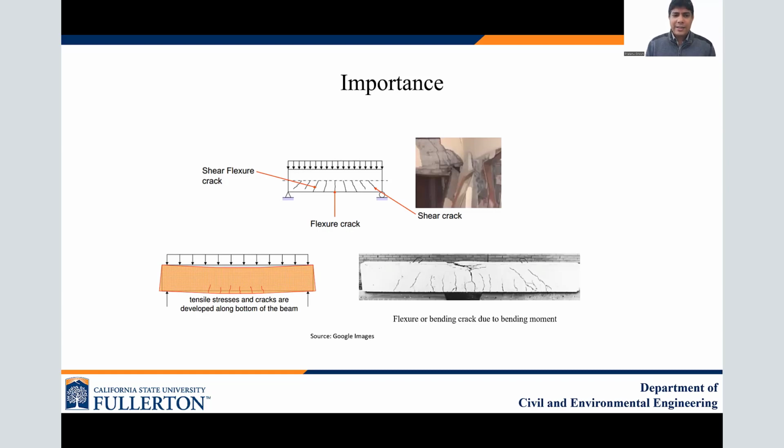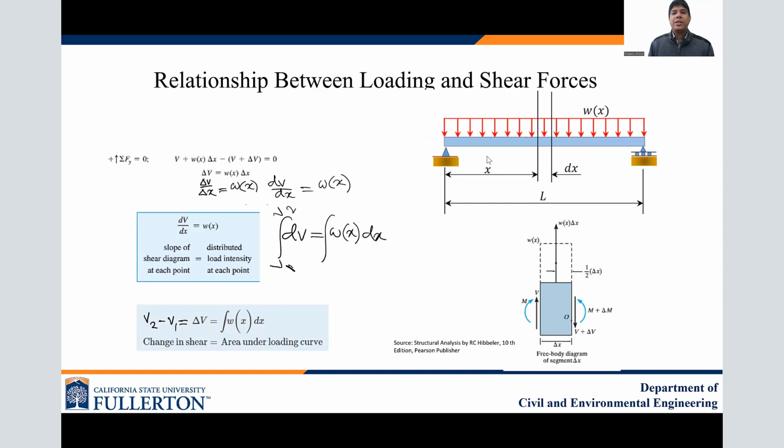How do we know the importance? So let's establish the correlation, or basically the relationship, between shear force and loading. To do that, again, we pick up one simply supported beam, pin and roller, and a uniformly distributed rectangular load is acting, which is W as a function of X. We will first try to establish the relationship between shear and loading in that beam.